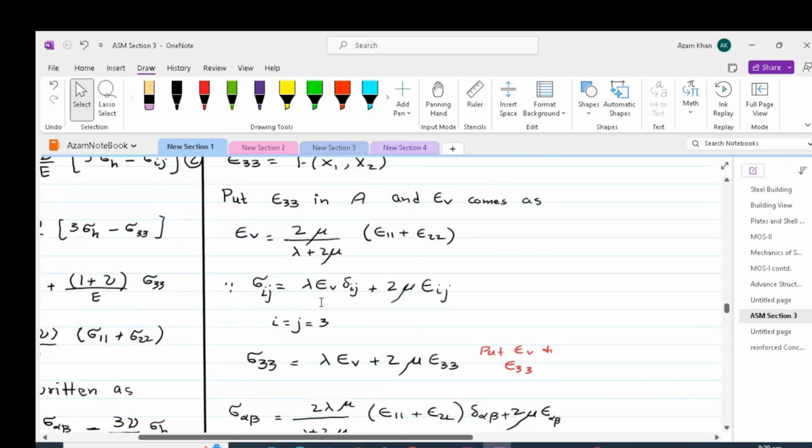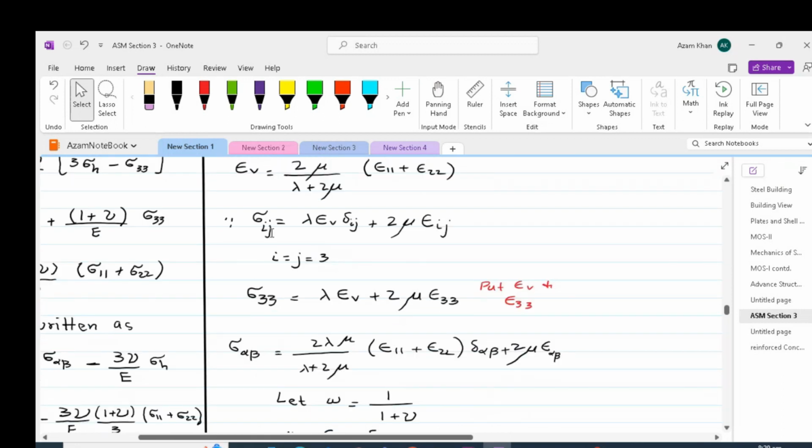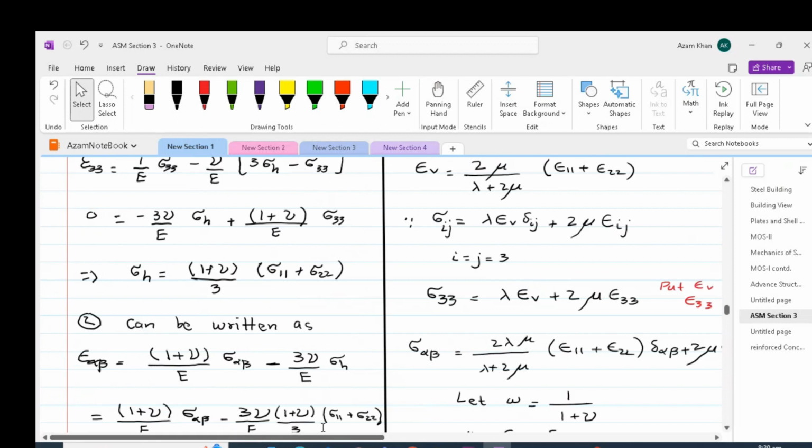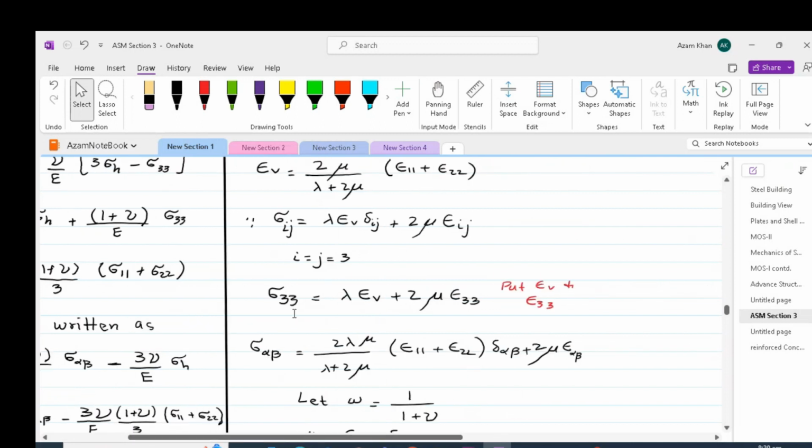Now we rewrite the general equation, which is σij is equal to λ εv δij plus 2μ εij. We write this equation in generic form by plugging the εv value, which we just found. Similar to the plane strain problem, we write this equation in terms of αβ. We can write in ij or any other subscript, so it's just symbolic.